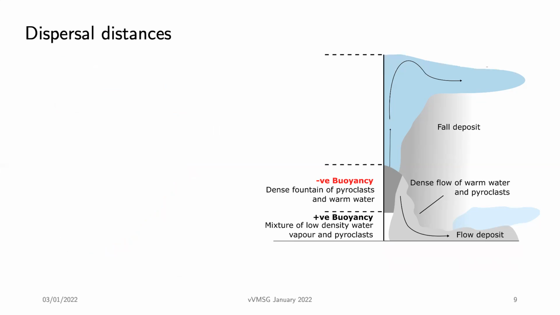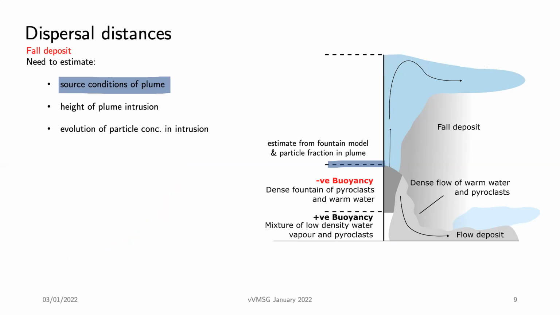Next, we'll consider the fall deposit that forms as a result of particle sedimentation from the upper intrusion. To do so, we must first estimate the source conditions of the plume, and we can approximate the volume and buoyancy flux of the flow at the top of the fountain from the initial eruption column.